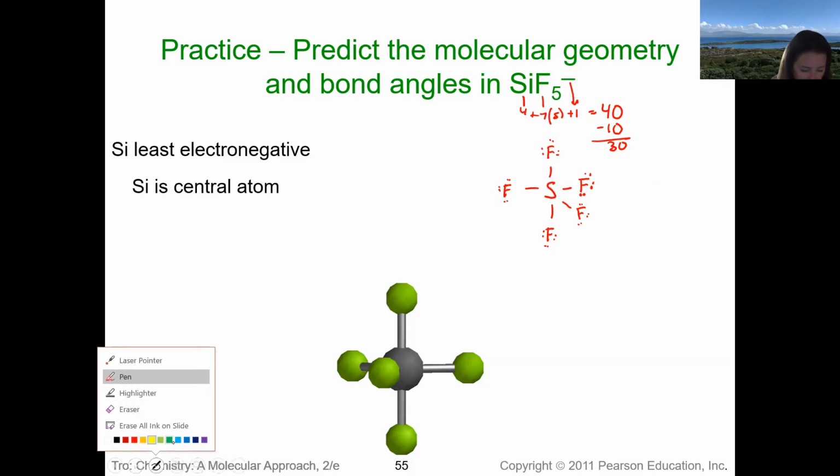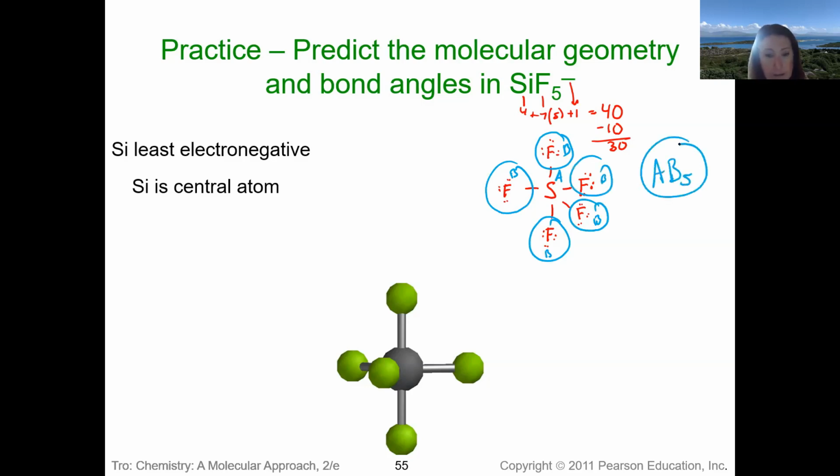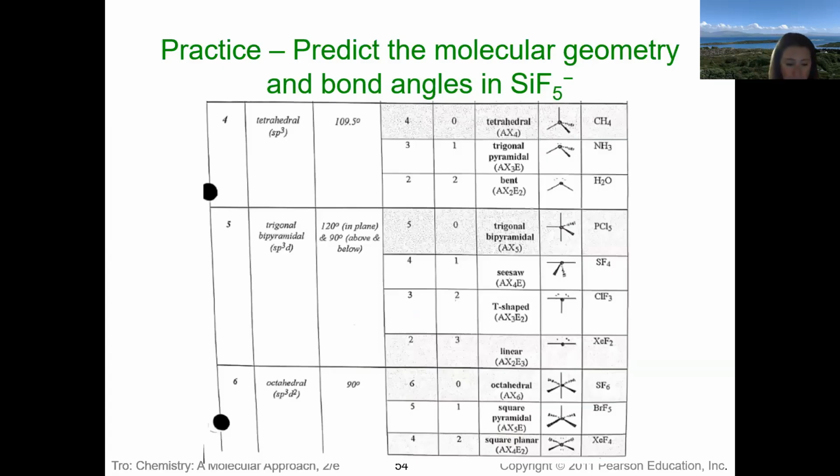Okay, then, so this would be our A, our central atom. And then we have B, B, B, B, B. So we look, AB5.